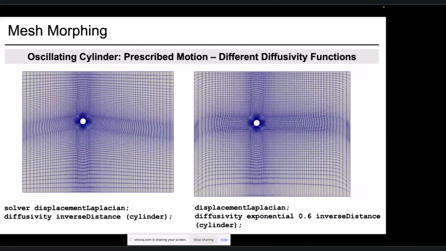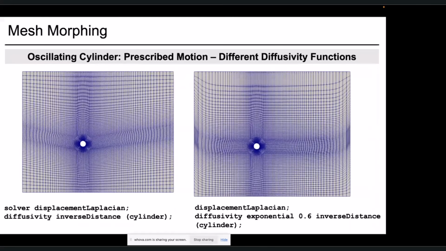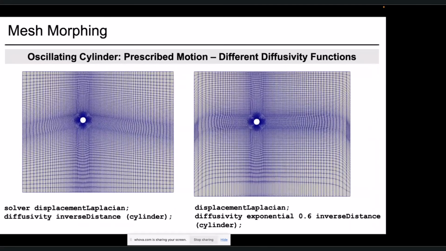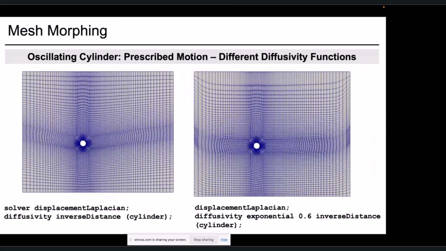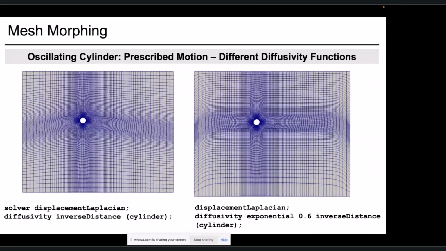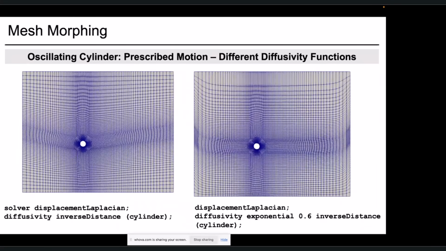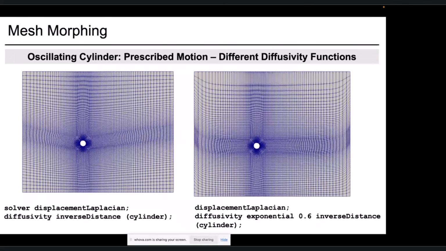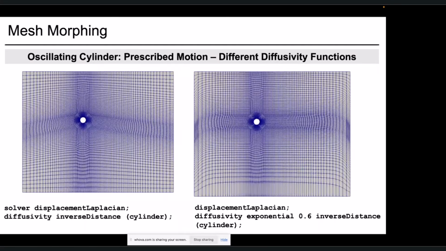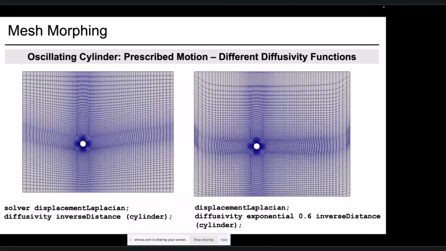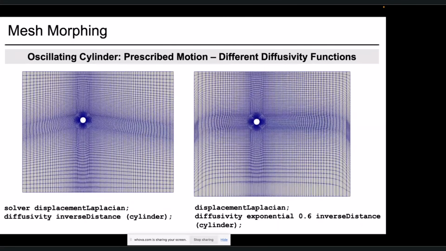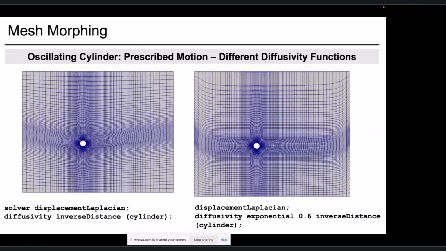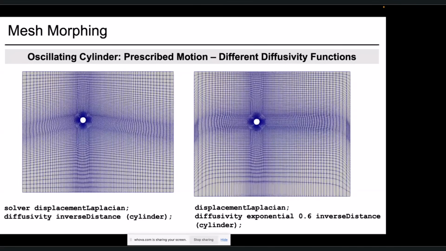So the next thing is, how do these diffusivity models, how do the different diffusivity functions actually affect the mesh quality? Now here I show you two examples of comparisons. One is with the inverse distance method, and the other one is the exponential method with the coefficient 0.6 exponent.